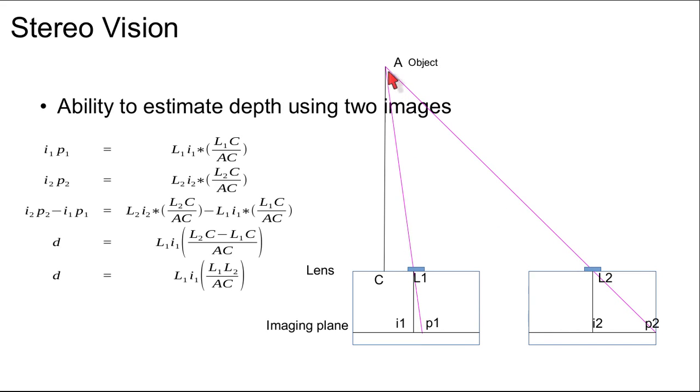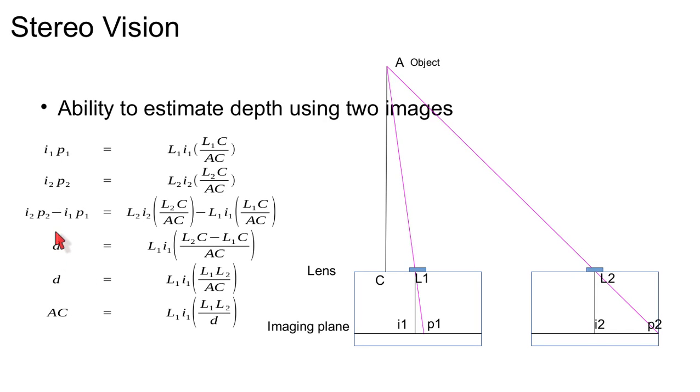So for example, here object A appears on the right side of this camera and on the right side of this camera as well. Now in this situation, the equations of I1 P1 and I2 P2 are obtained like this, and the disparity is computed as a difference between I2 P2 and I1 P1.